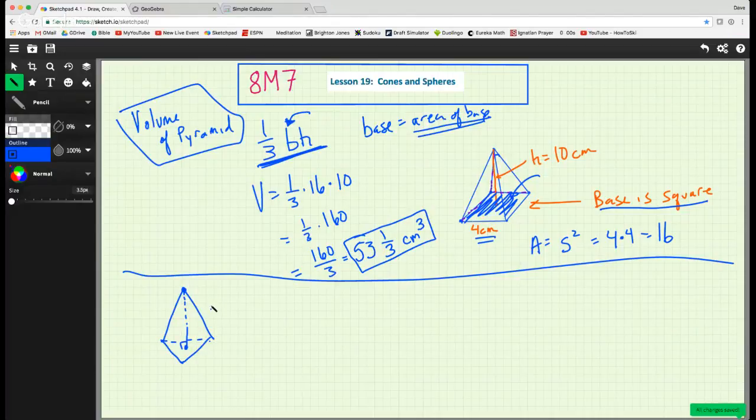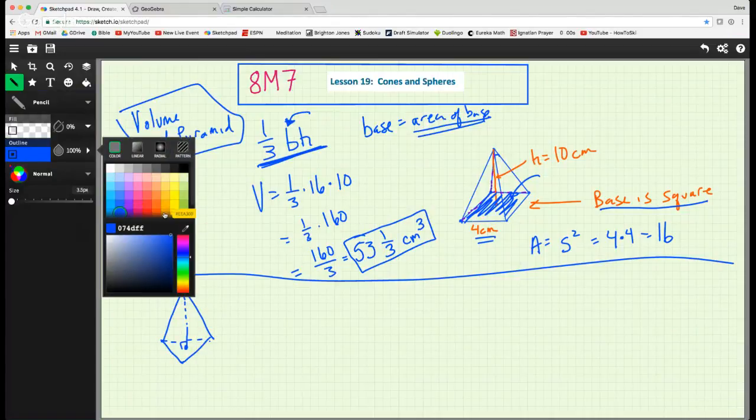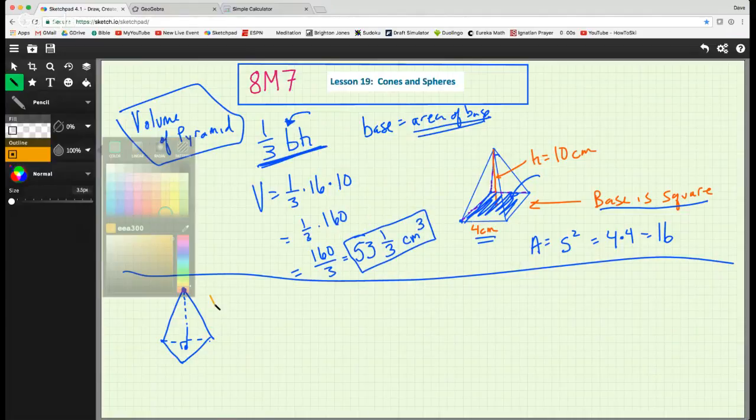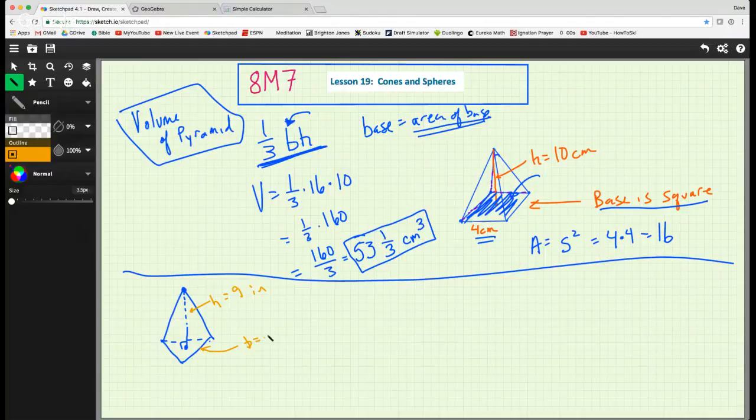And in this case, let's just put some dimensions on it. I want to say the height equals 9 inches. And let's just say that the base, someone's already calculated the base for me, and they say it's 12 square inches.